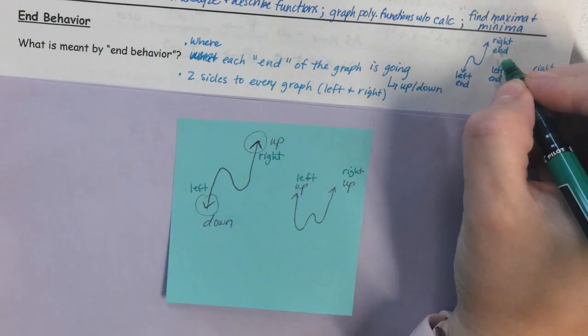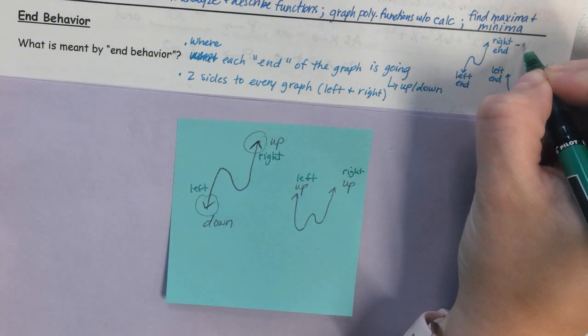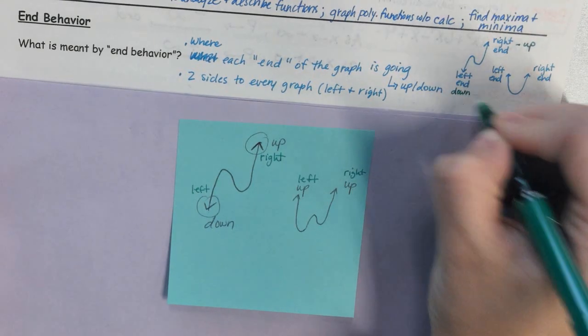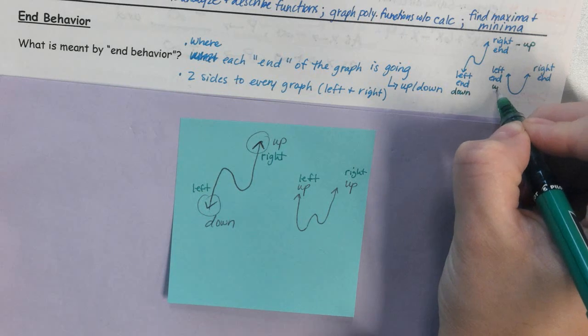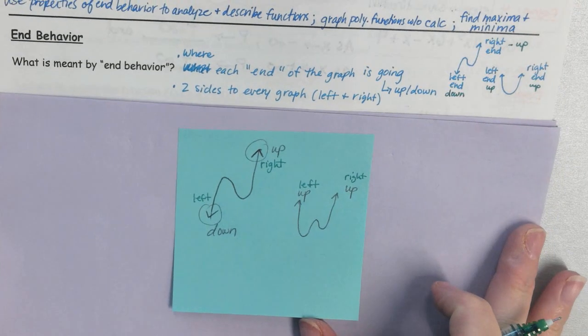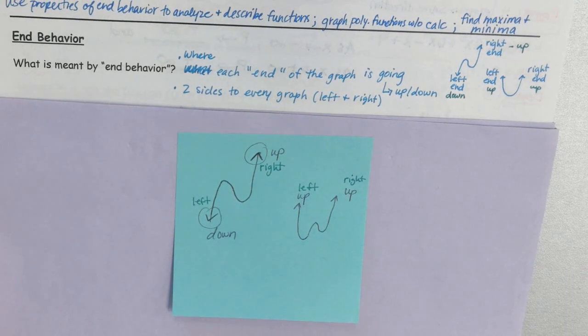So you have the right end, this one is going up. You have the left end, this one's going down. This is a good old parabola here, where the right end and the left end are both going up. So you can draw these two examples.